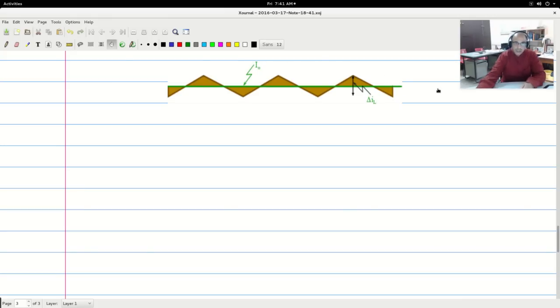Now what is important in the capacitor is that for charge balance or amp second balance, this area should be equal to this area. So the amount of charge put into the capacitor should be equal to the amount of charge taken out.